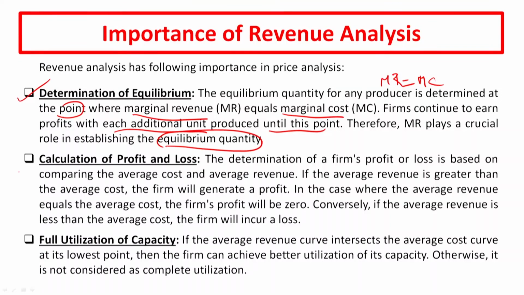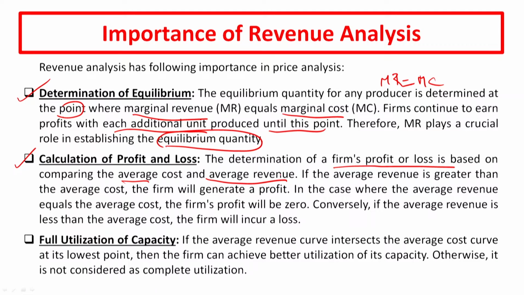The second is that it helps in calculation of profit and loss. As you are aware, profit or loss or financial statements are the most important documents which are prepared by any firm, which helps in realizing the financial position of the respective firm. So, the determination of a firm's profit or loss is based on comparing the average cost and average revenue.